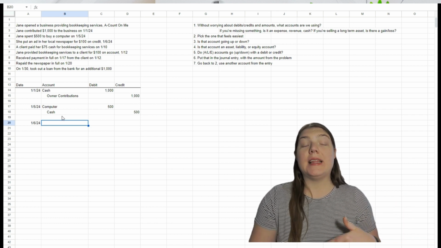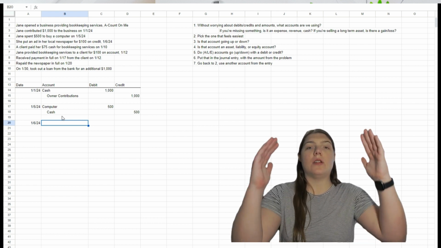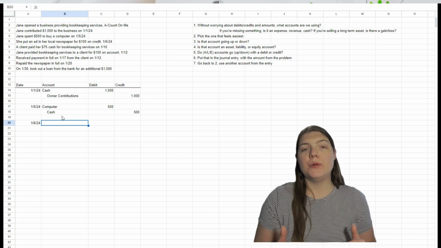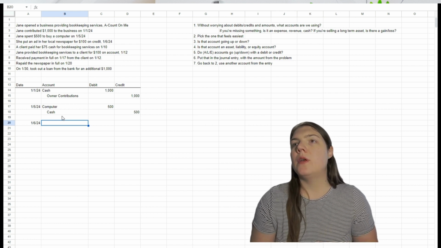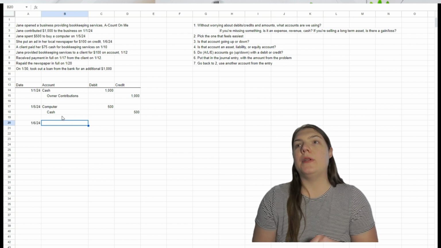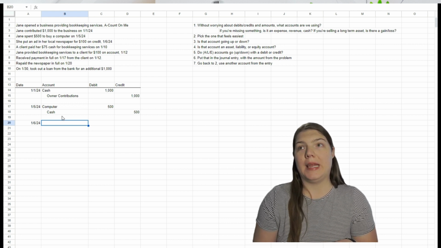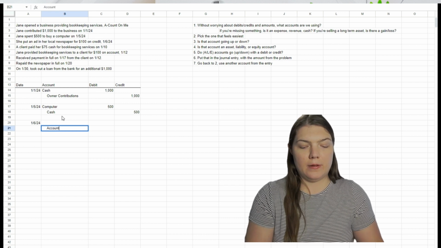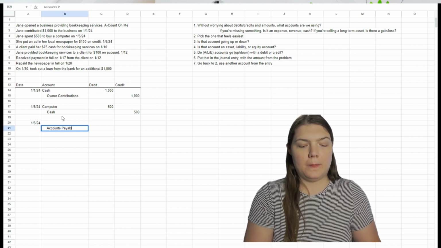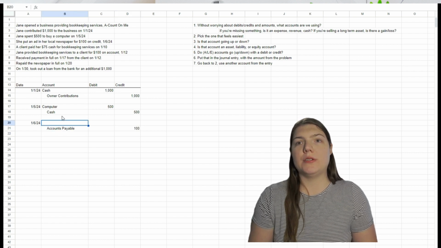Accounts payable is increasing because accounts payable fundamentally is a long list of people we owe money to, and that list just got a little longer, so it's going up. Is accounts payable an asset, liability, or equity? It's a liability because we owe someone else money. Liabilities go up with a credit, so I'm going to put it here, for $100.